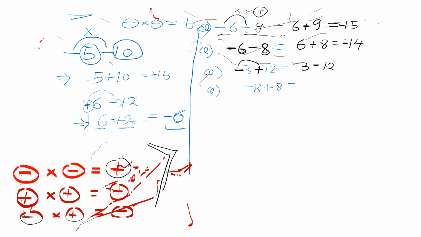Minus 3 plus 12. Now you see, 12 minus 3 gives us what? 9. We are subtracting in the reverse order. 12 minus 3 gives us 9.